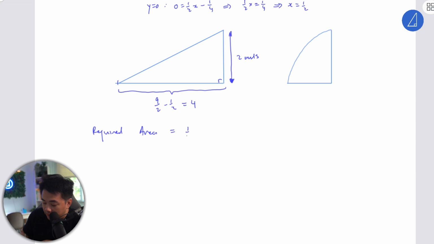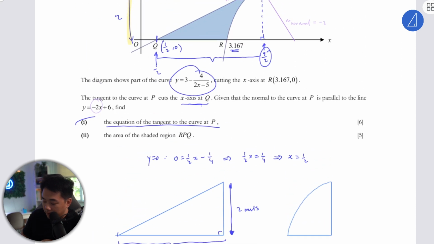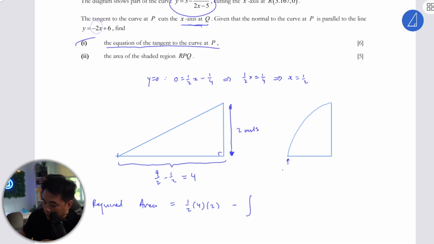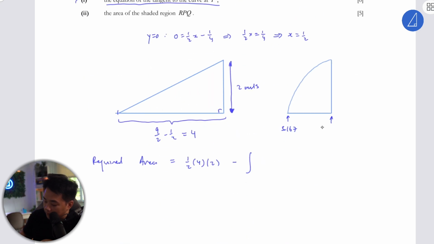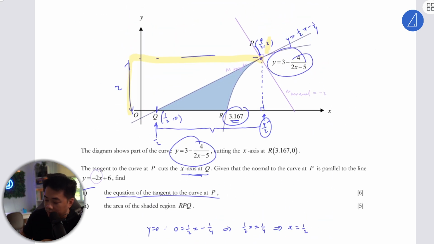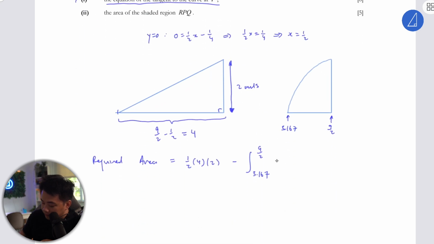So this will be half times base times height, minus the integral from 3.167 to 9/2. Then for y we just take the curve equation, which is 3 minus 4/(2x minus 5) dx.